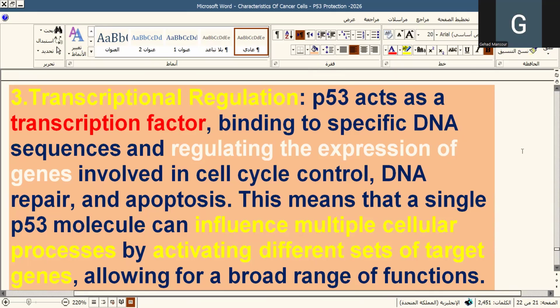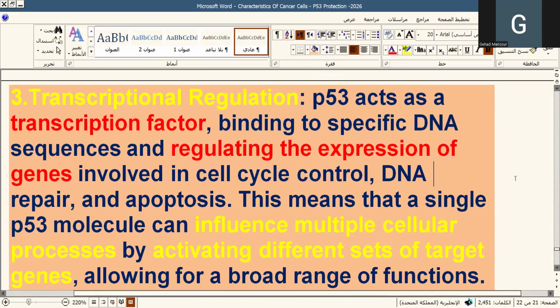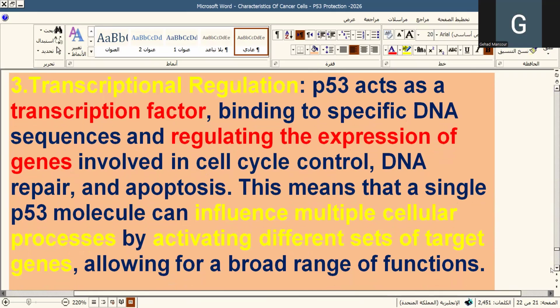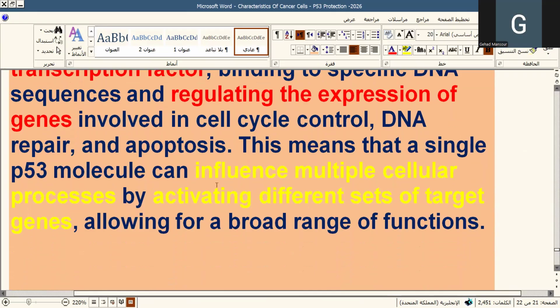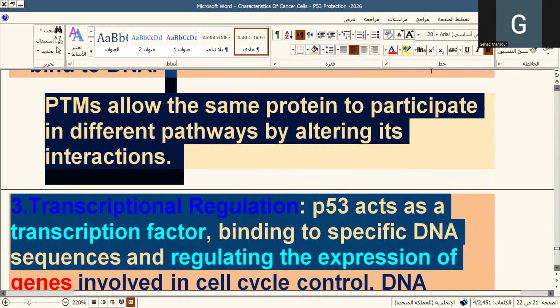And therefore, P53, just like transcription factors, will regulate the process of transcription and therefore will regulate, in an indirect way, the expression of the genes. And of course, P53 will not be concerned with any gene. It will be concerned only with the genes that are necessary for cell cycle control.